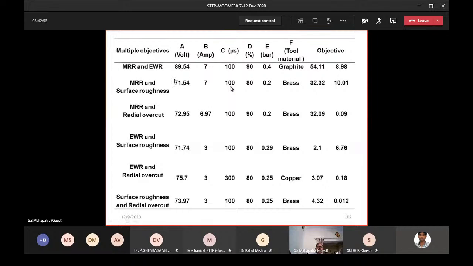So for the multiple objectives, material removal rate and EWR, the best parametric condition has been found out, and the objective function values are: material removal rate is 54.11 and EWR, electrode wear ratio, is 8.98. Actually, we got the Pareto set, and out of this, some have been represented here.